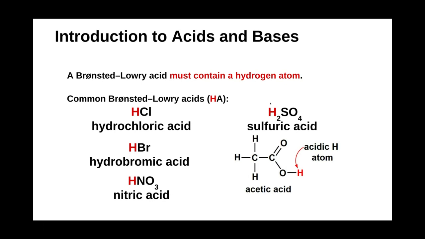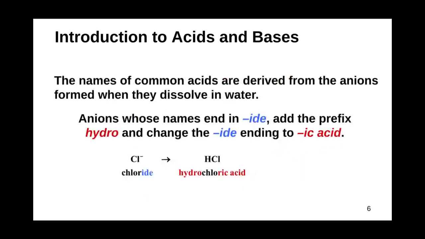Sulfuric acid has two hydrogen atoms attached, and both of these will be Brønsted-Lowry hydrogen atoms that are acidic. But again, the standard definition of a Brønsted-Lowry acid is HA.